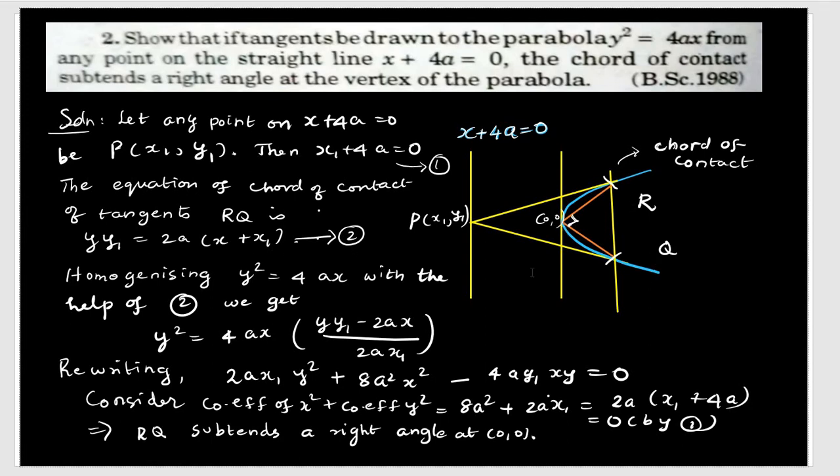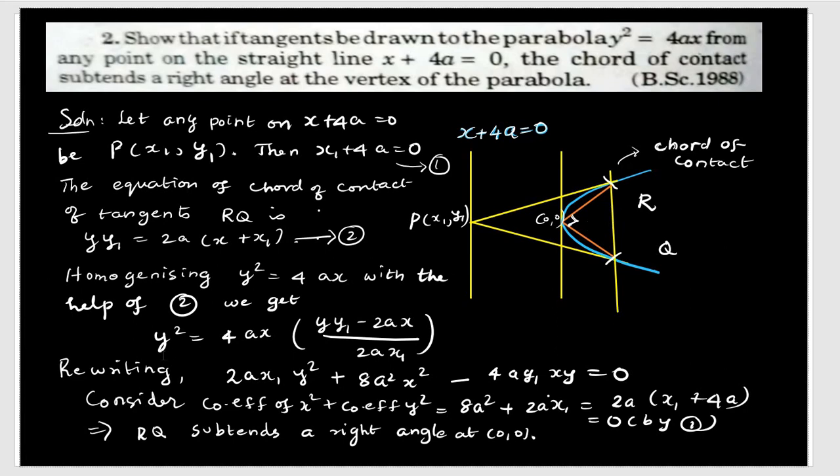Now we want to show that this one subtends a right angle at the center. To show that, we have to homogenize the equation of the curve, namely y square equal to 4ax, with the help of this line.